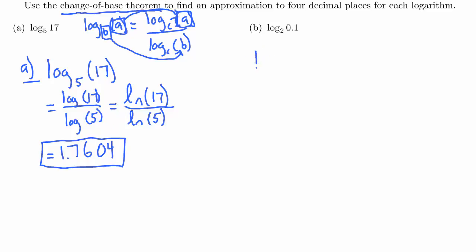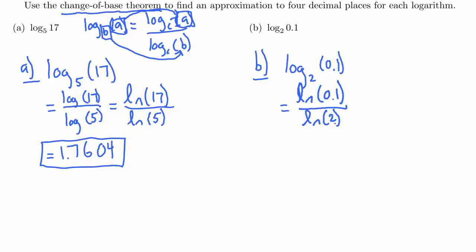Let's look at B. B is log base 2 of 0.1, which tells me I can do either natural log over natural log or log over log. So I'm going to go ahead and just do natural log of 0.1 divided by natural log of 2.